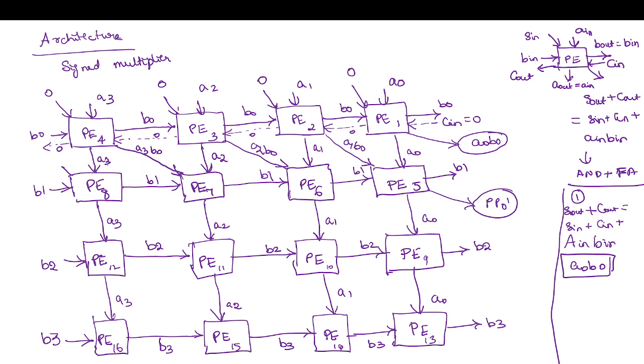Next here we have to perform the sign extension, which is nothing but this term A3 B2. So this will be my sign extension. And then same way this output will be this one. P3 is 1. Okay, here also we will have C in which is 0. And this carry we will propagate it.